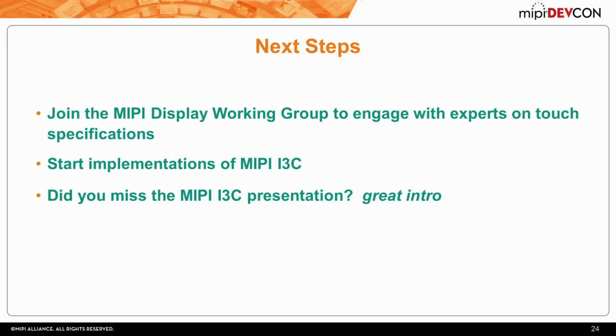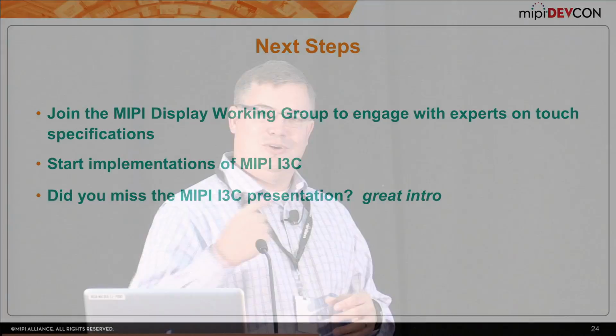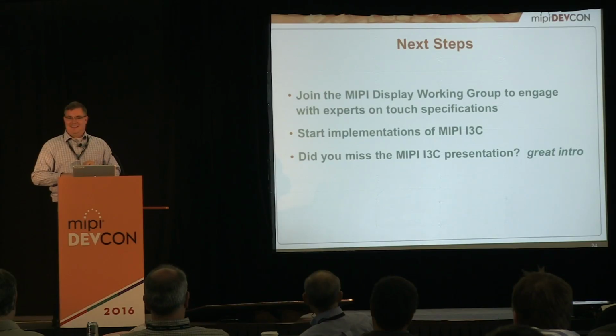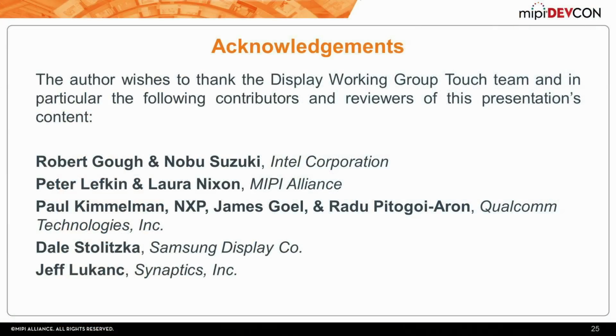It really will make things easier when you have different bandwidth requirements than traditional I2C supports, as well as the ability to handle multiple types of devices on a single bus. And hopefully you didn't miss the I3C presentation this morning, because we're already leveraging that. And then thank you to the many people who've worked on this together, and I hope people have questions, because I must have talked too fast.